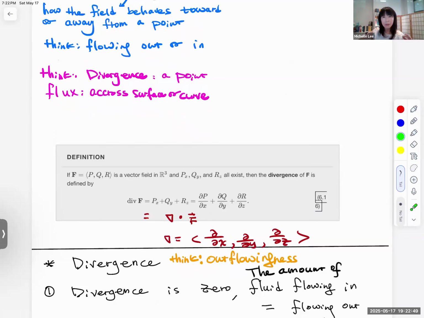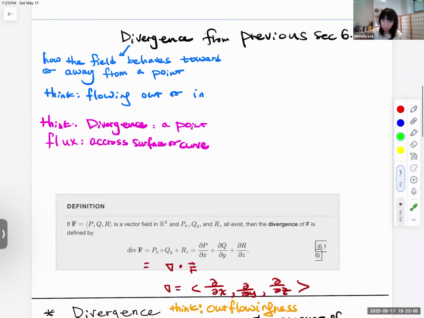Divergence, think about the outflowingness, like a spreading out. Convergence is gathering at one point, and divergence is spreading out.